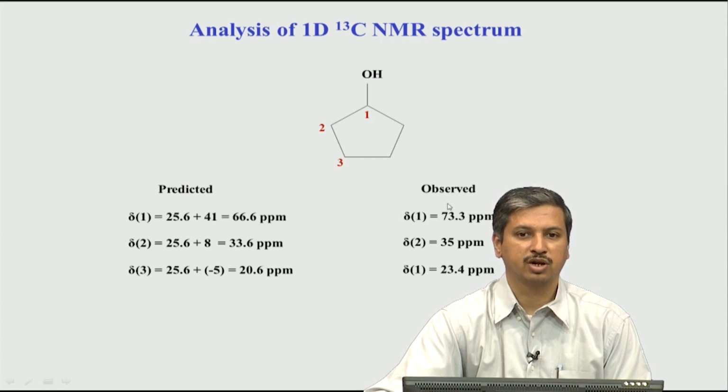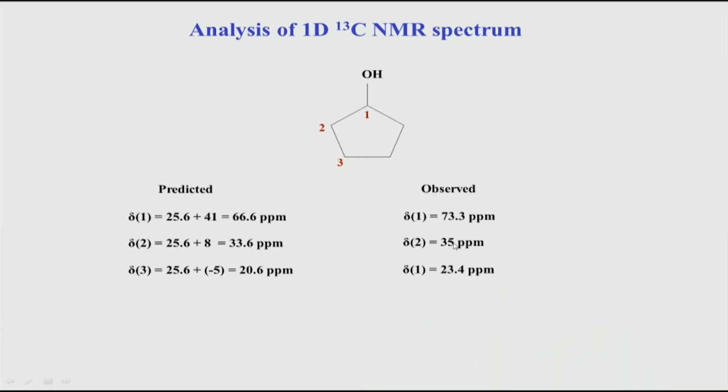It turns out the observed values are shown on this side, and you can see it matches very nicely with this carbon, not very well with this and this. But let us say in your spectrum you are seeing only 3 peaks, and the predicted is what you expect, and the observed is 3 peaks only. Obviously then it is very easy to do the mapping.